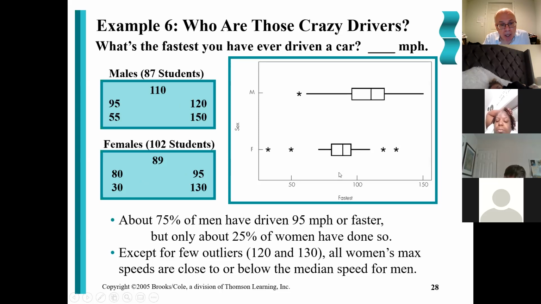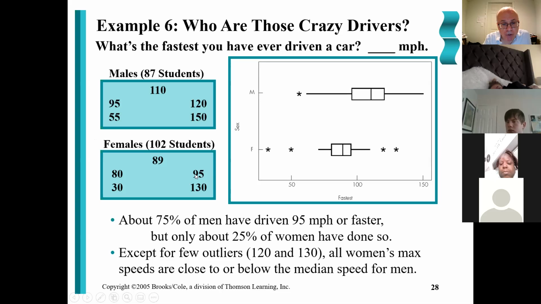And then I would say the following: what percentage of the females are between, let me rephrase this, I'm going to change my mind on this. What percentage of females are between 30 and 80? 25%.